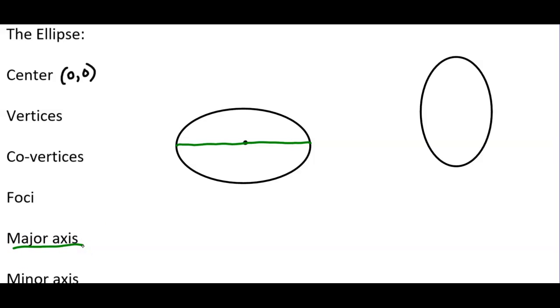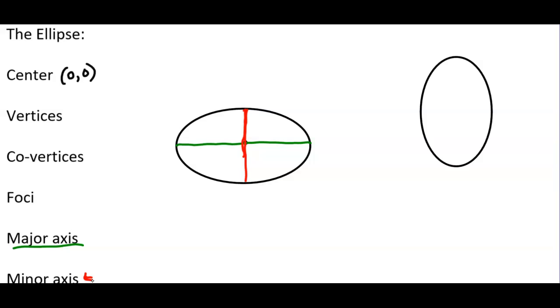The minor axis, I'll put that in red, is the short distance going through the center, and that would be the minor axis. I'm trying not to put a lot of writing on the actual ellipse so that you'll be able to see that.